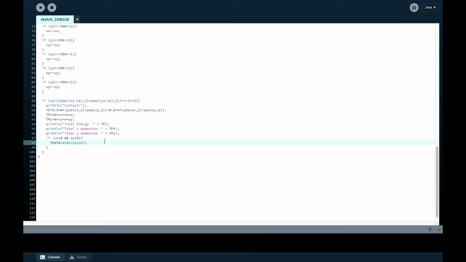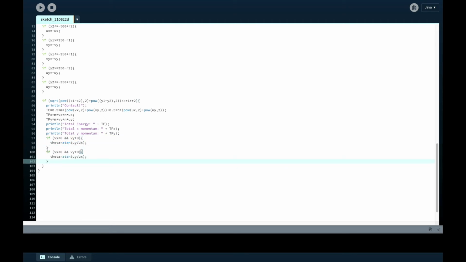Because if it's in the first quadrant, the value that Processing gives by the arctangent function is the same value as the one I want, since it's between 0 and 90 degrees, and there is no way to get closer to 0 than the value that Processing gives us. So here, I don't have to do anything.